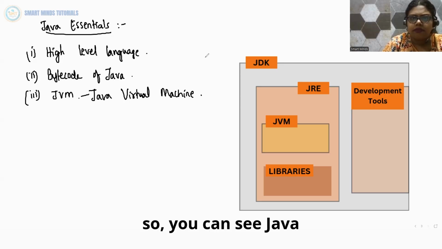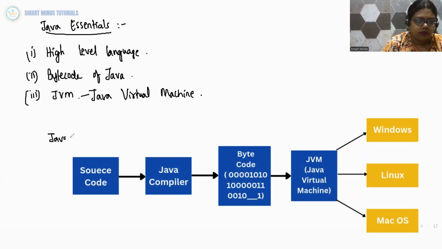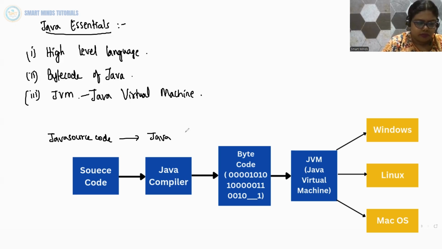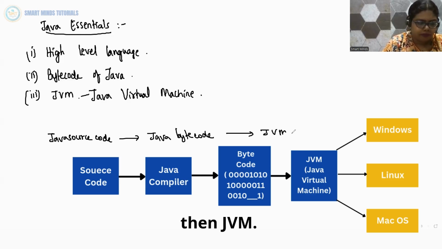So you can see Java source code converts into Java bytecode, then JVM.